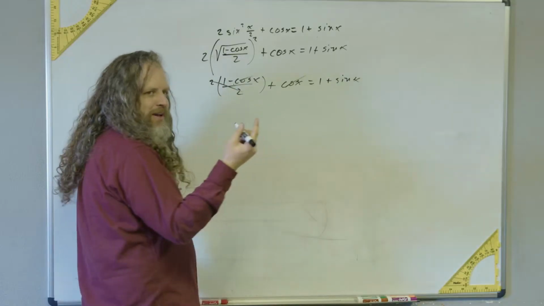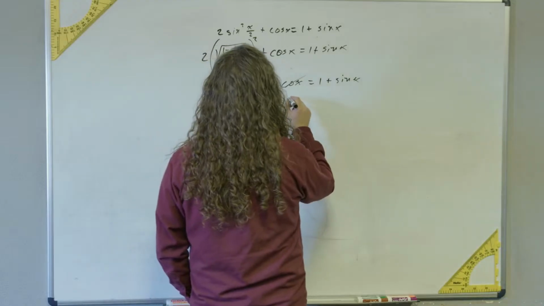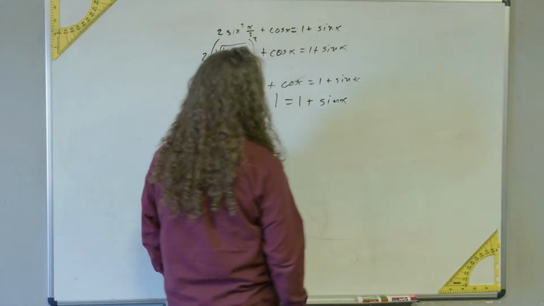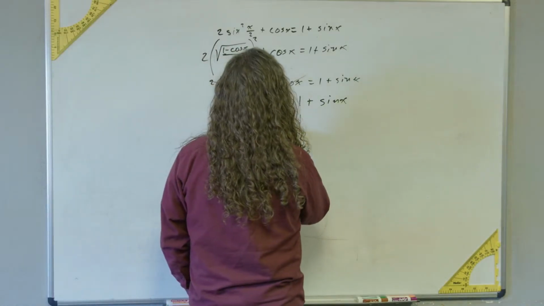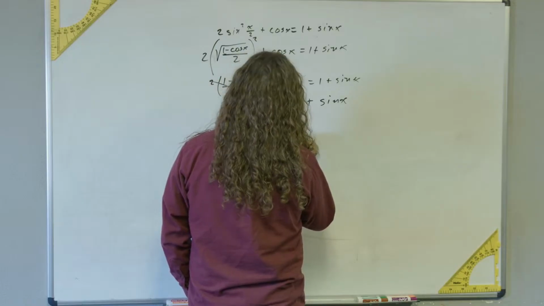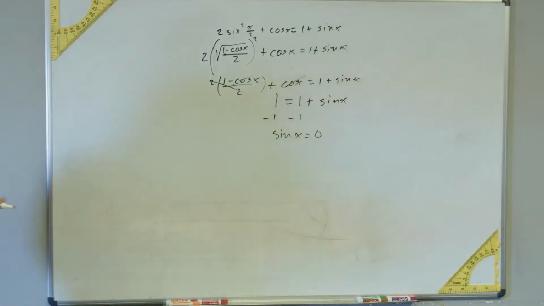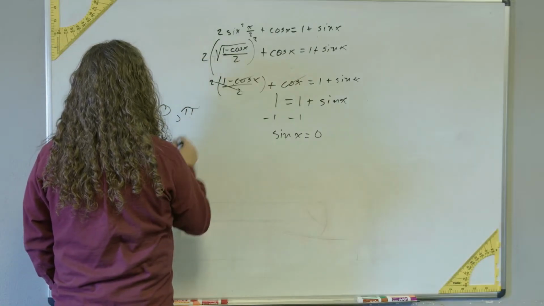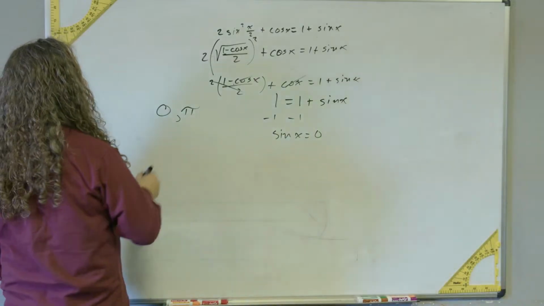Well, okay, it does in a minute, but it doesn't yet. 1 equals 1 plus the sine of x, minus 1. Sine x equals 0. Where is sine 0? It's at 0 and at pi and at 2 pi. Is it inclusive? Let's see. It is inclusive.